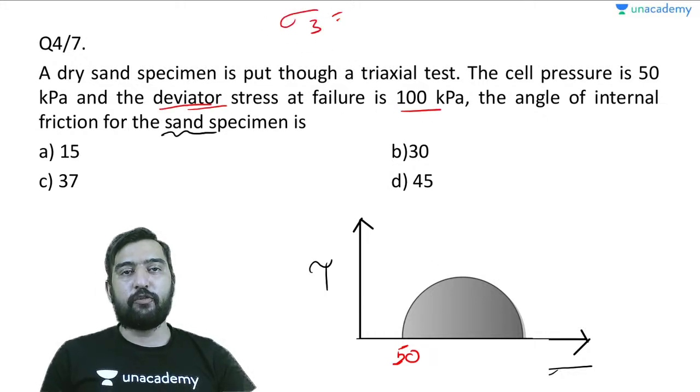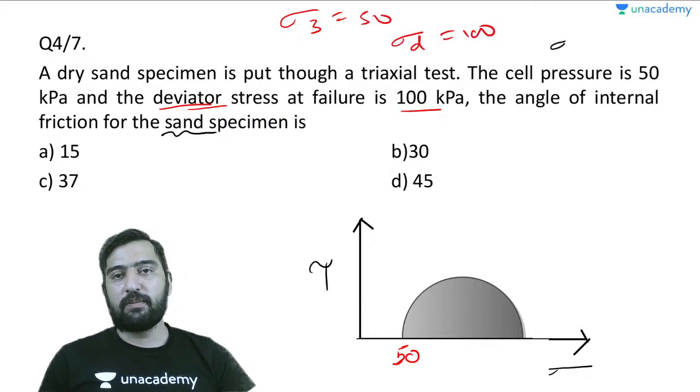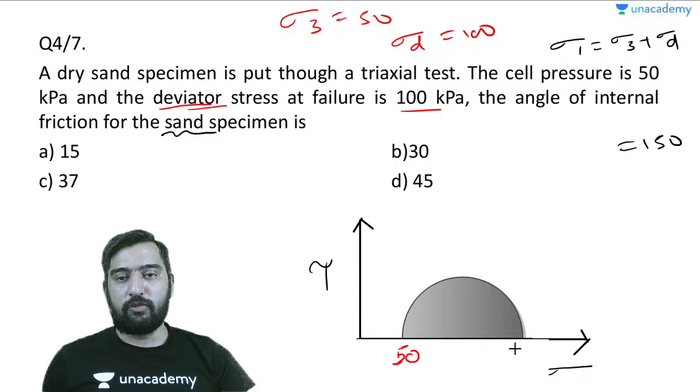See, sigma 3 is 50, sigma d is 100. So what is the sigma 1 value? Sigma 1 is sigma 3 plus sigma d, so it is going to be 150. And what is the average value? It is going to be 100.